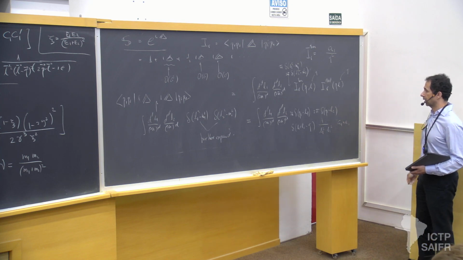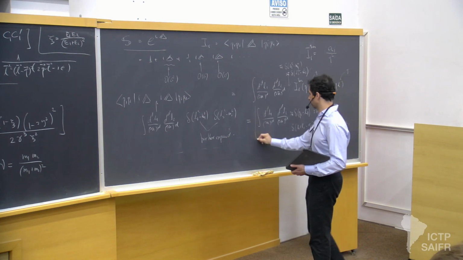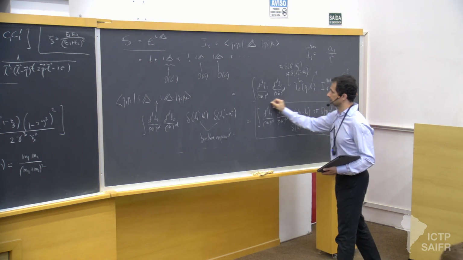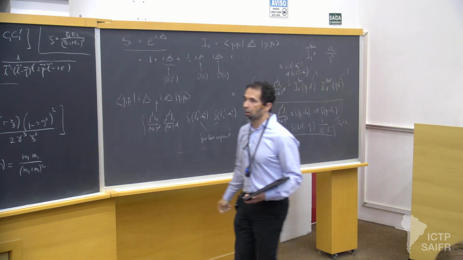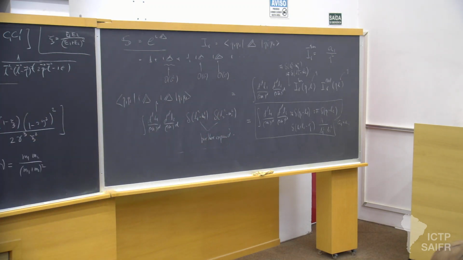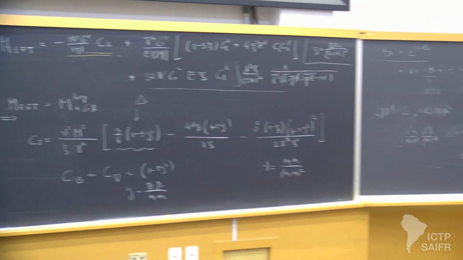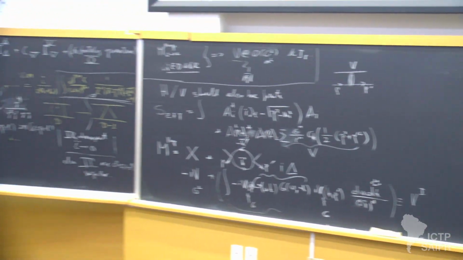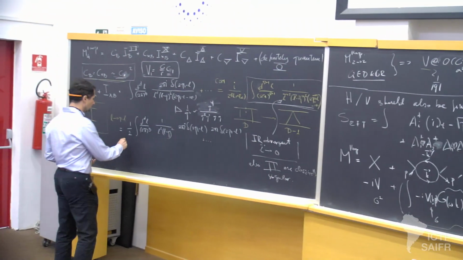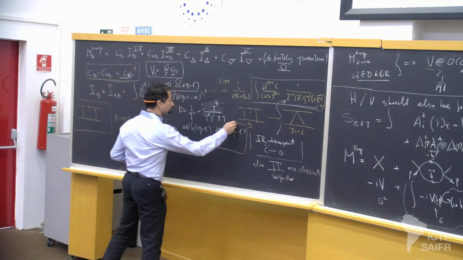Okay, so let's see, do we recognize this? Well, that guy, if you decide to solve the delta function for L1 plus L2 minus Q, is the same as this guy.